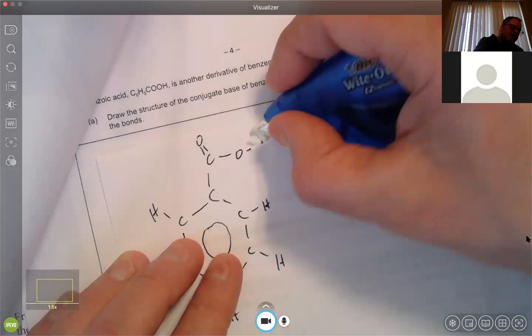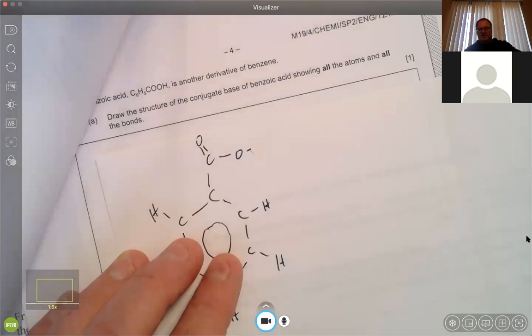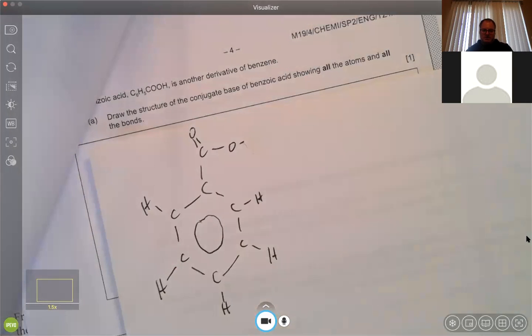Remember, only the strong acids ionize completely. Most of the strong acids are HCl, HBr, right? Then you've got perchloric acid and sulfuric acid. Those ionize completely, but the rest of it's all kind of a balancing equilibrium game.